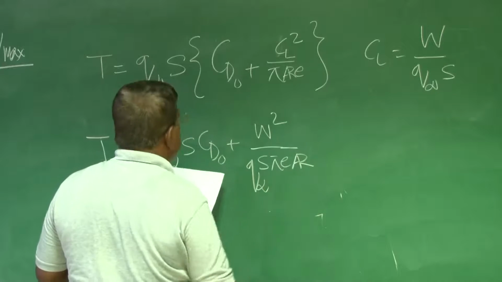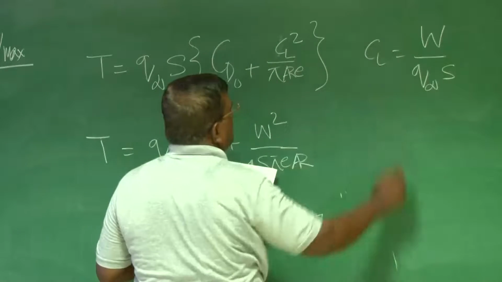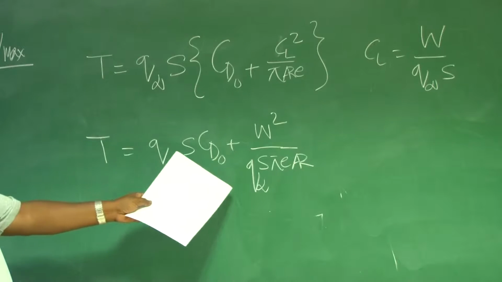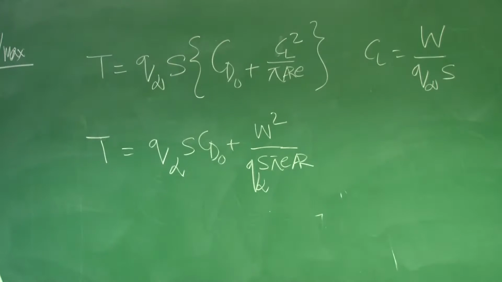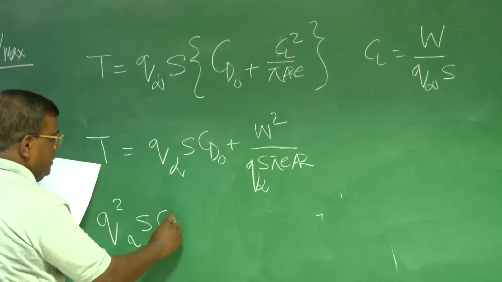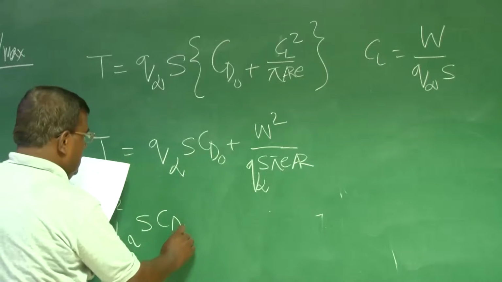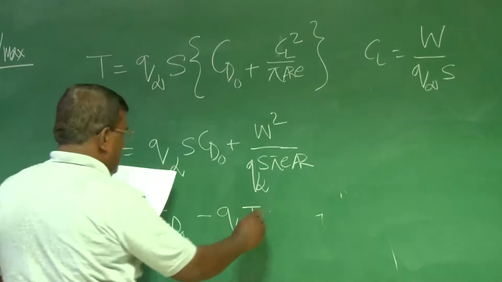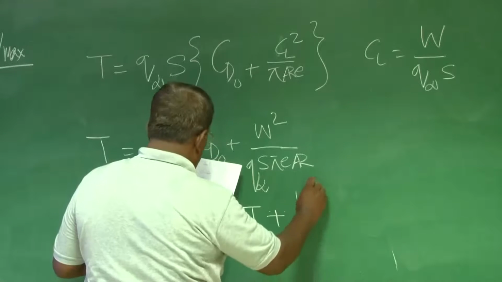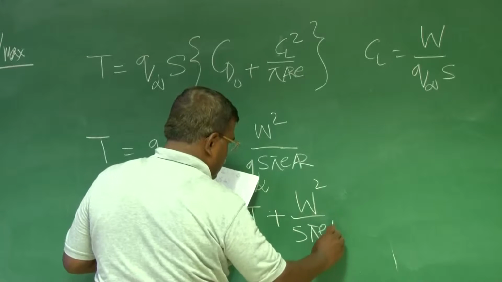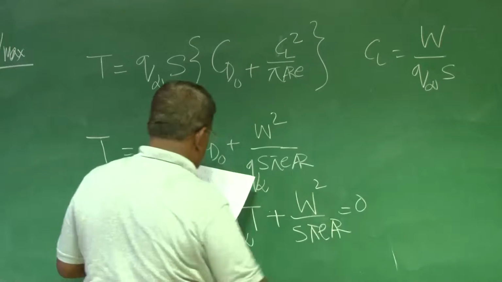What I have done is CL replaced by W square by Q infinity square S square, and this Q infinity one gets cancelled, S gets cancelled, so this is remaining. So I can write Q infinity square S CD naught, if I do like this, minus Q infinity T plus W square by S pi E aspect ratio is equal to 0.